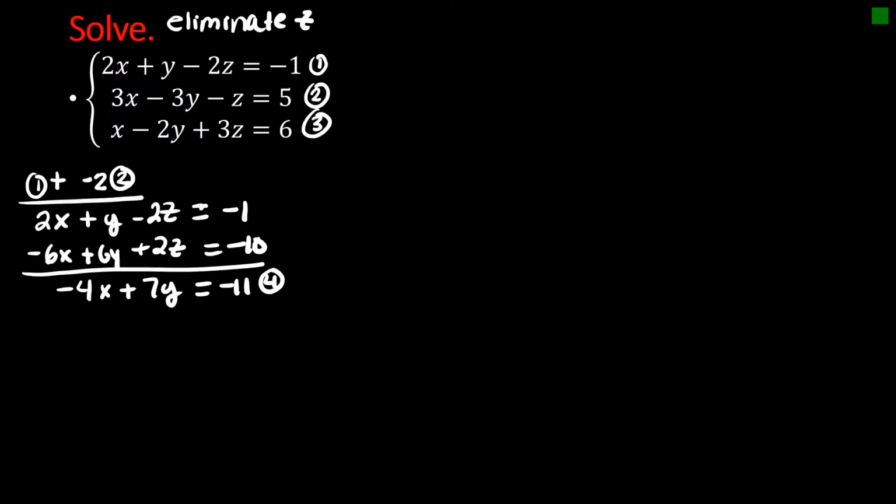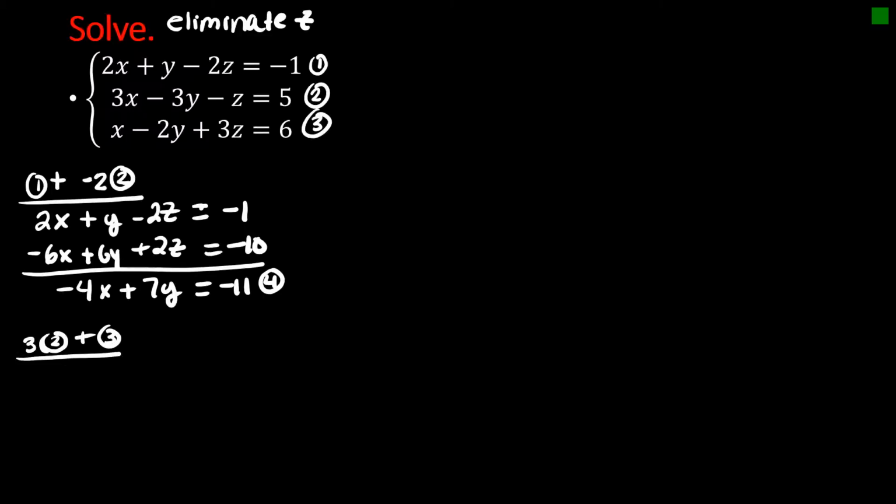The next, I'm going to look at equations 2 and 3. And if I do 3 times equation 2 and I add to equation 3, then my z's will go away. So I'm going to do 3 times equation 2 plus equation 3.